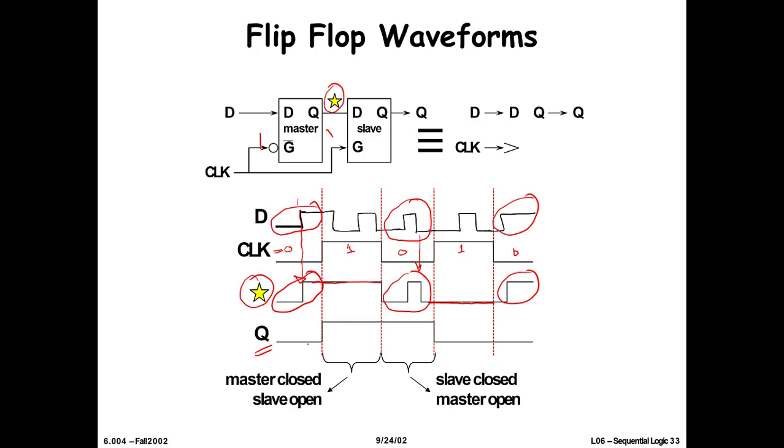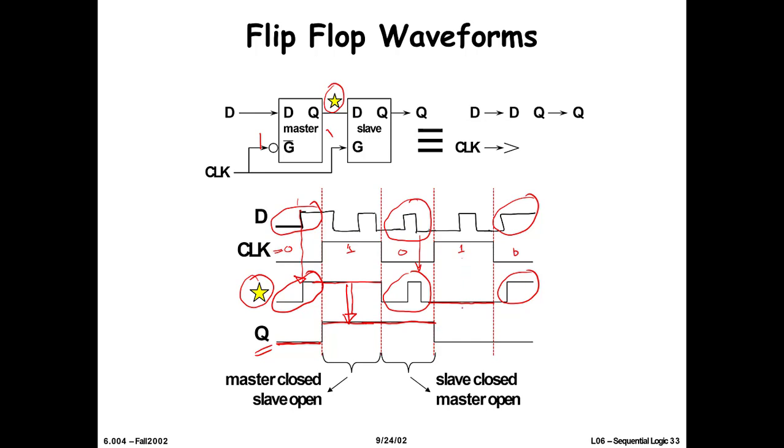Whenever the clock is 1, you will see the star node being copied to Q. Again, when the clock is 0, the star node value is neglected because at this point the slave is in memory mode.